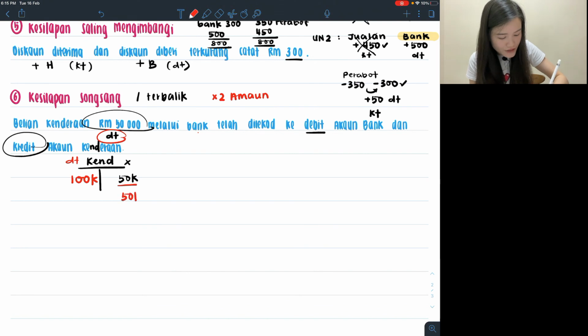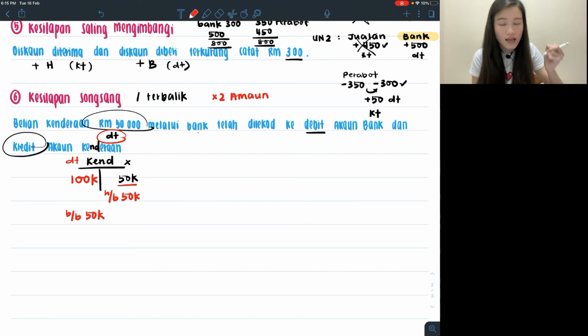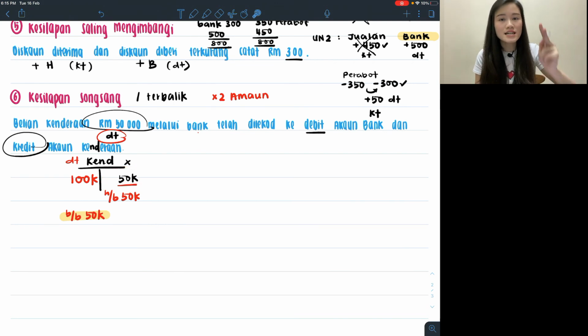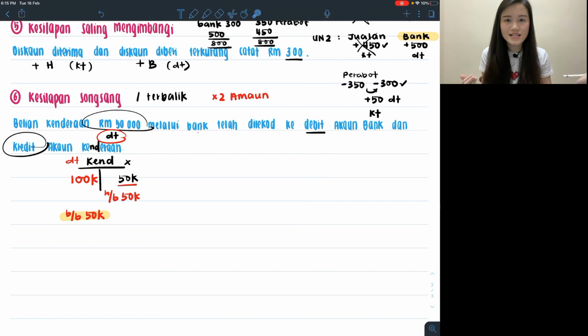You still have 50,000 left inside as HB. Bring back into your debit side to become baki BB. So this is my final destination where I want it to be on debit with the 50,000. Not just to clear off the wrong side, but also at the same time, I want it to appear on the correct position. So this is how kesilapan songsang is going to be.